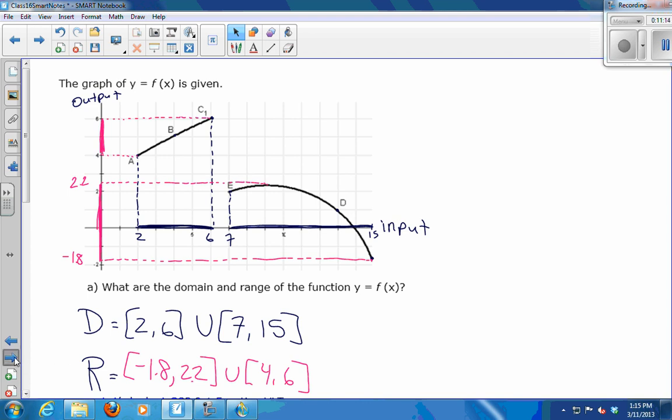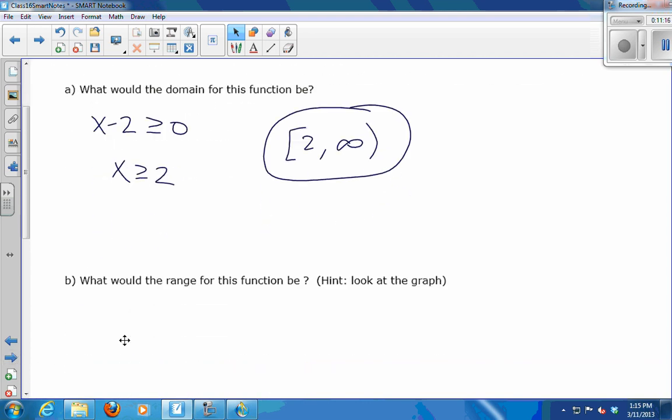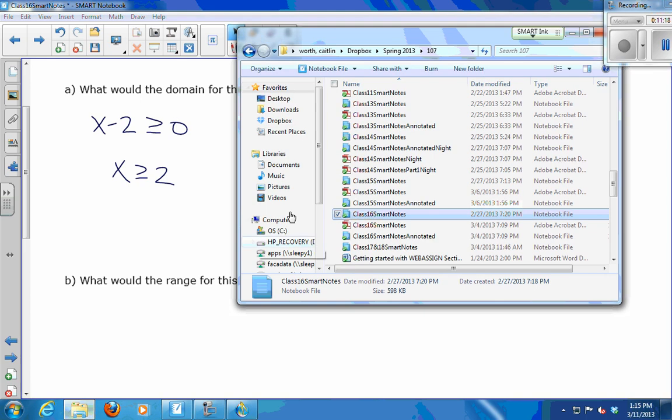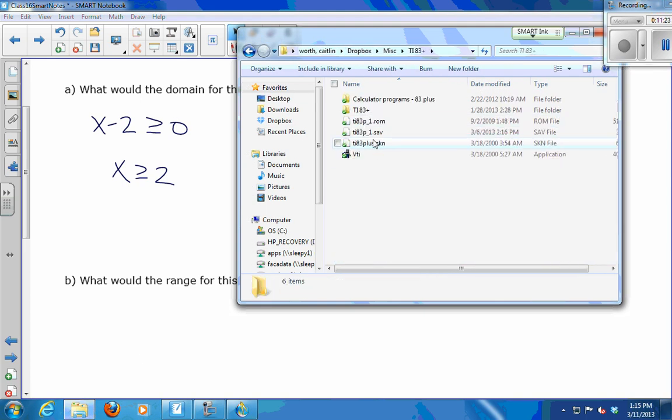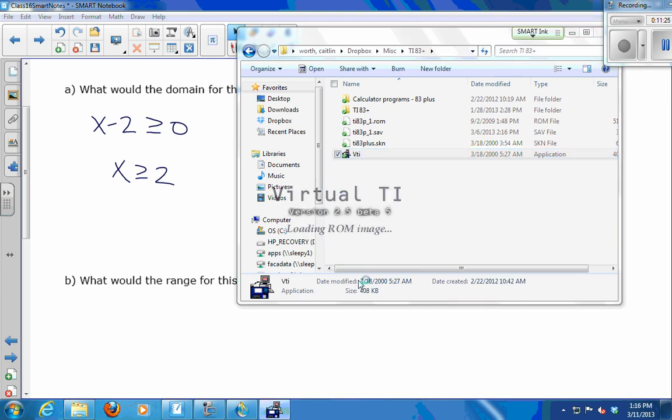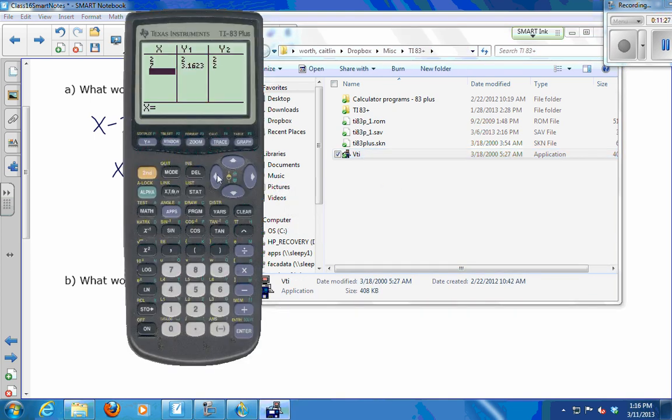So we can do that because we have the technology to take a formula and turn it into a graph. So I want to look at a graph of the square root of x minus 2.